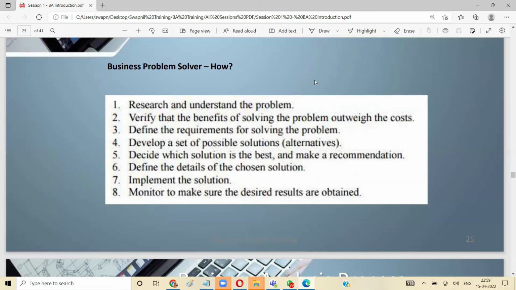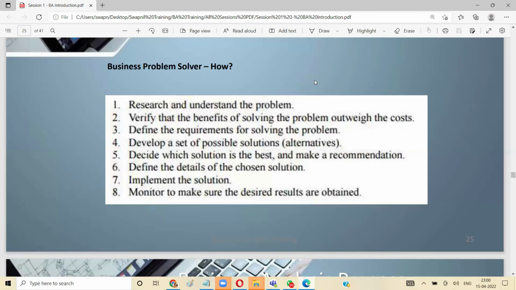Now the benefit is not always in terms of dollars. It could be in opportunity, market, profitability, customer success rate, many other things. So you should know the benefit of doing a project, and the benefit from your company's perspective has to be more than the cost required to do the project.